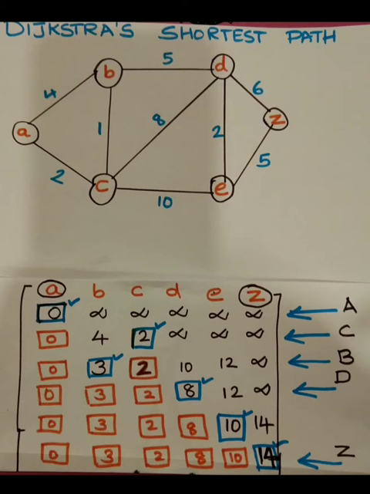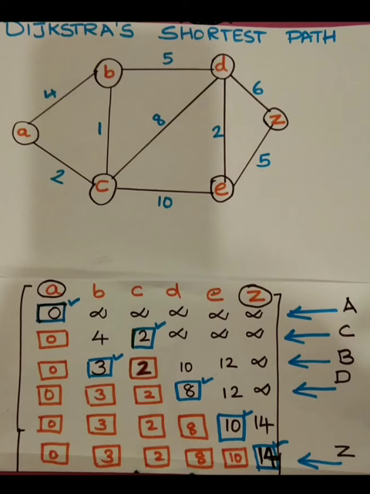And in the second step you have to find the shortest path from A, and you can see in the graph there are two ways from A: through B and through C. Through B the distance is 4 and through C the distance is 2.